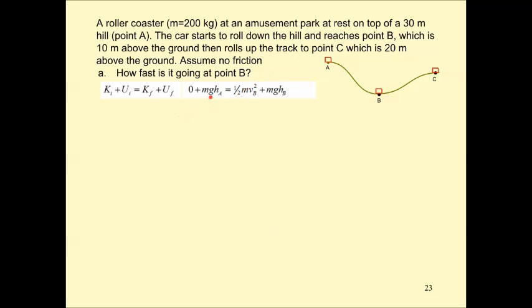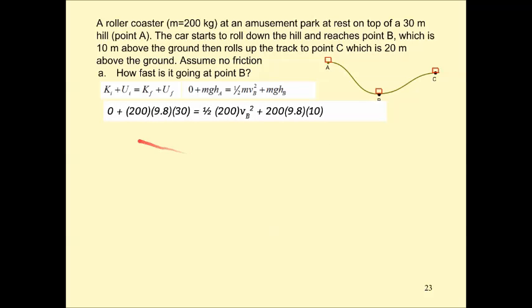And then mass times gravity times the height at A, which will be 30, plus 1/2 mass times the velocity squared, and that's what we're going to be looking for, the velocity at B, plus the mass times gravity times the height, which will be 10 at point B.